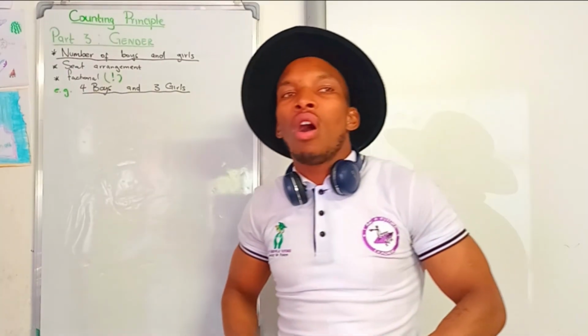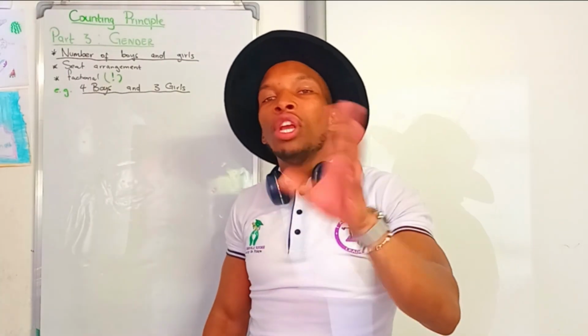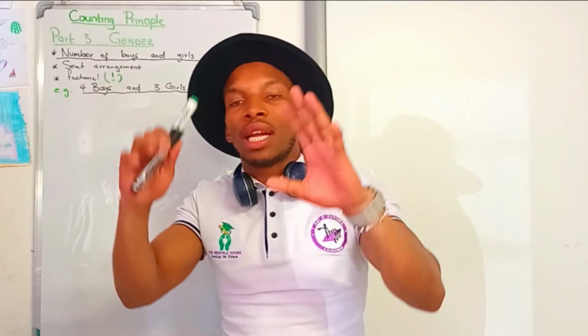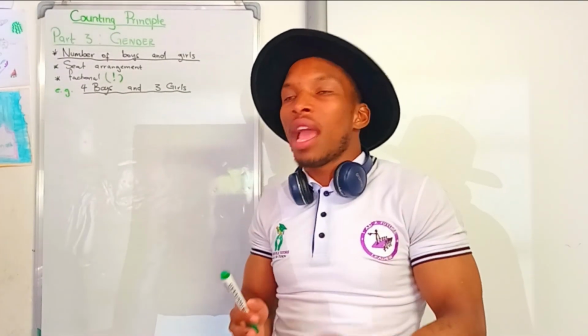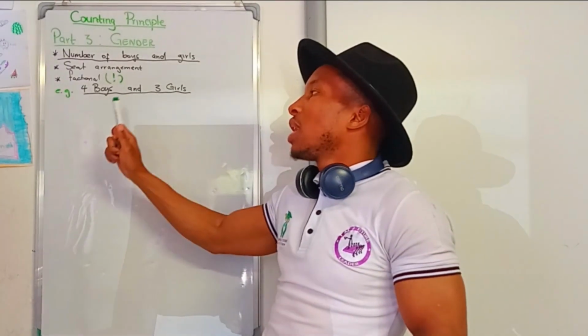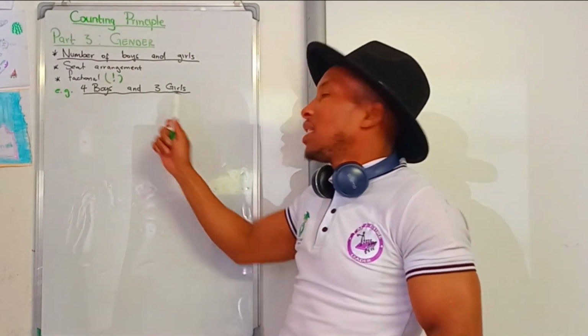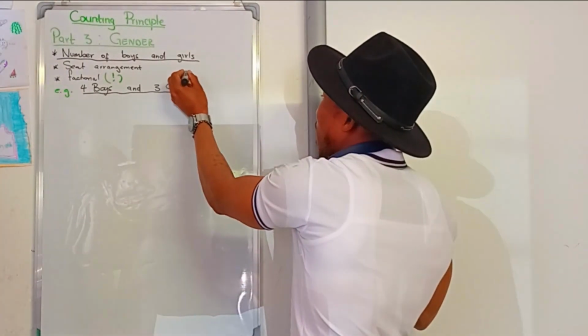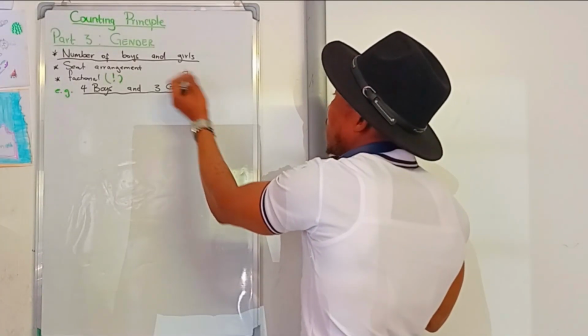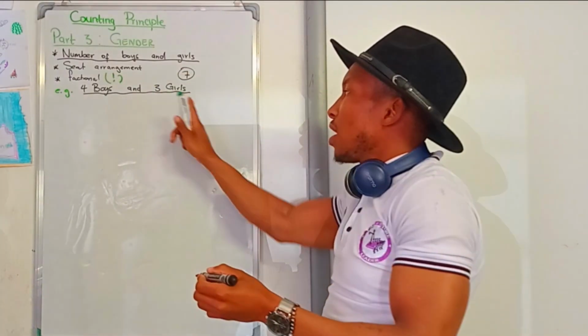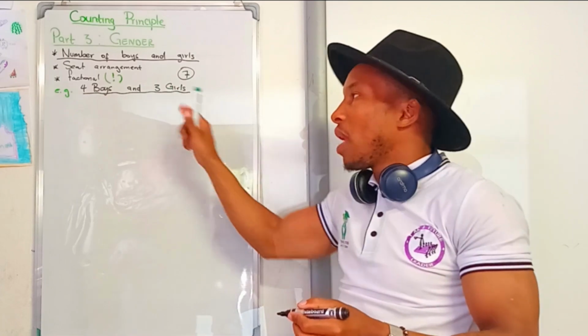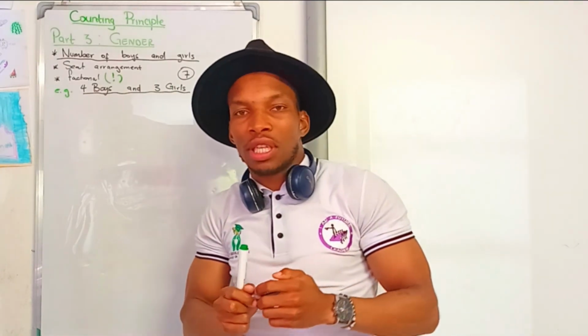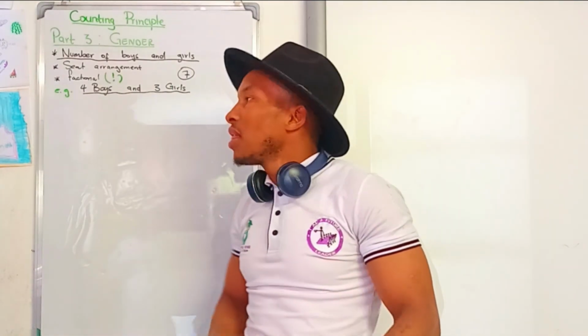Remember the rule says that we need to find out the total space of the items that you are choosing from. Here we have a total space of 4 plus 3 equals 7. This 7 is the total space of the number of girls and boys that we are going to choose from.